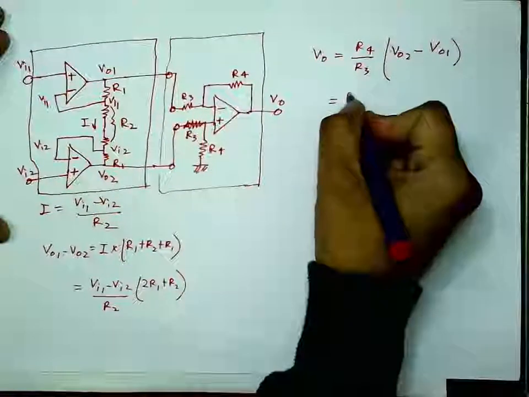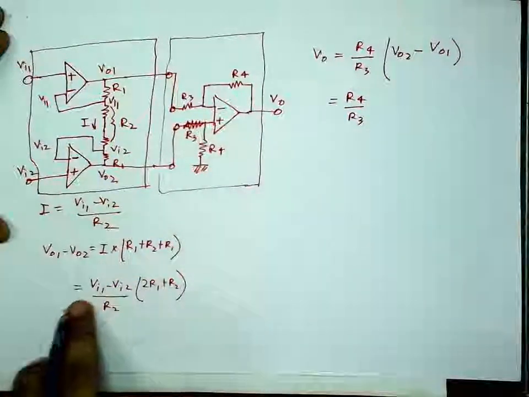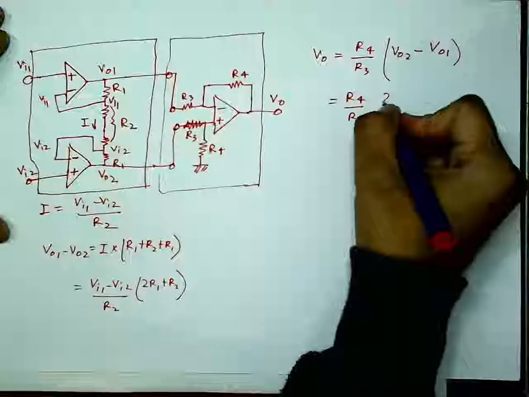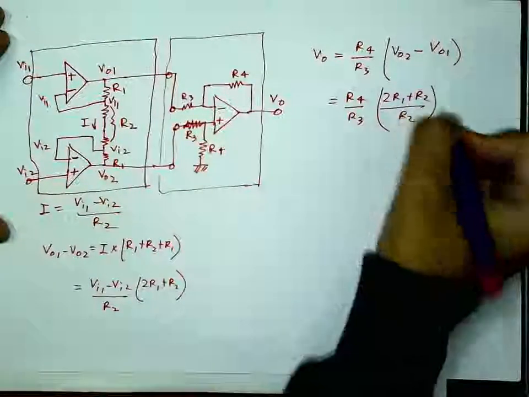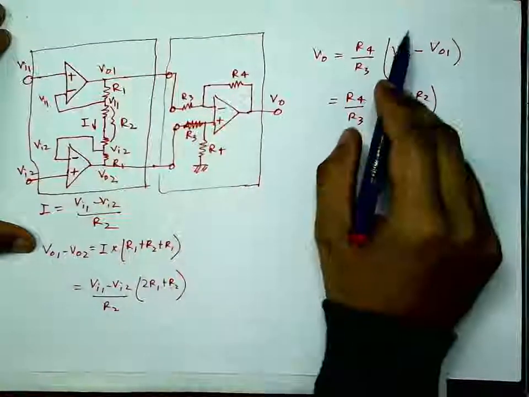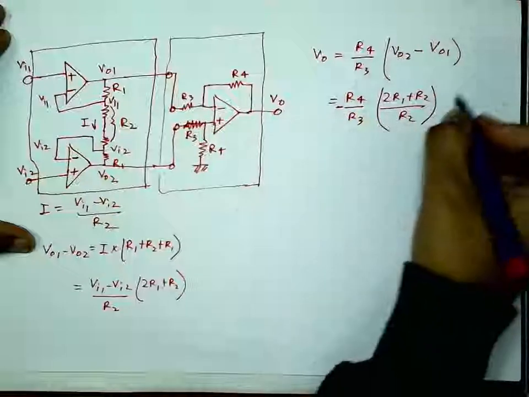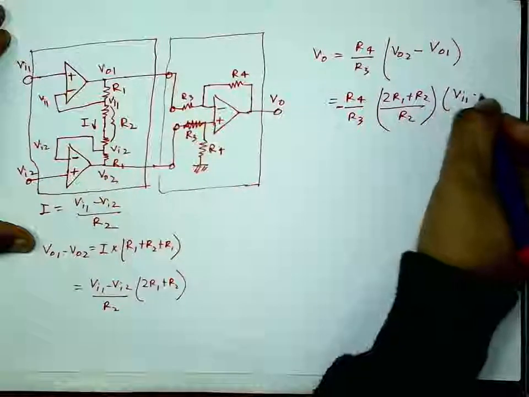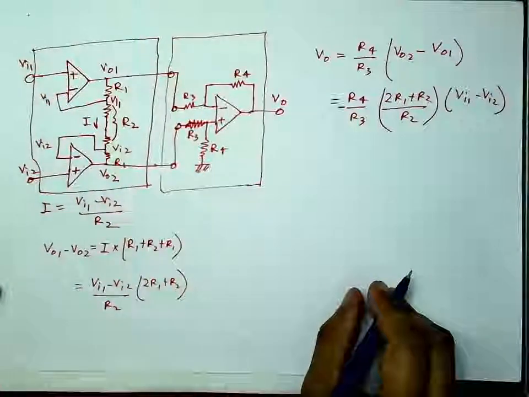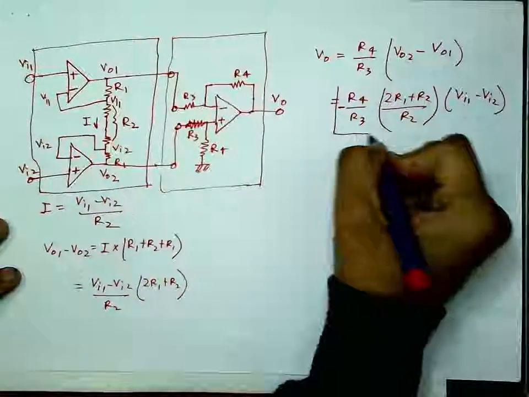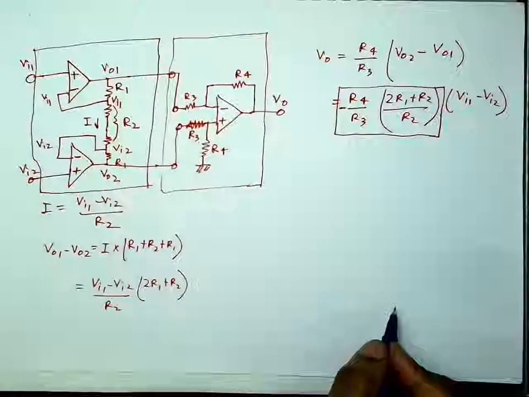And if I put in the value, it is R4 by R3 multiplied by (2R1 + R2) by R2. I have to have a minus because here it is 2 minus 1, but here it's 1 minus 2, so I put a minus. That's as simple as that. So this is the gain, the final gain of this amplifier.